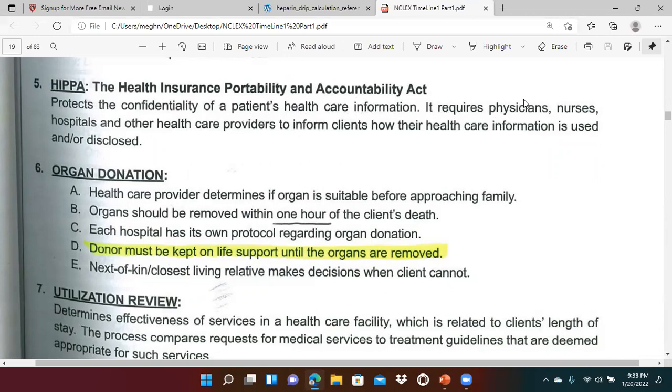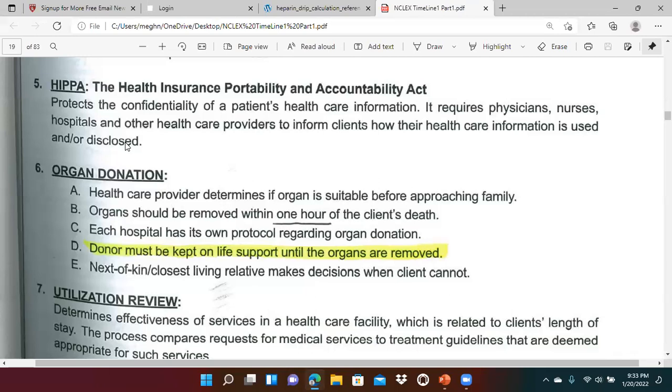It requires physicians, nurses, hospitals, and other healthcare providers to inform the client how their healthcare information is used and or disclosed. So the Health Insurance Portability and Accountability Act, commonly known as HIPAA, is a series of regulatory standards that outline the lawful use and disclosure of protected healthcare information, right?